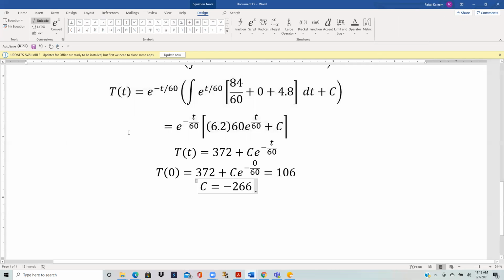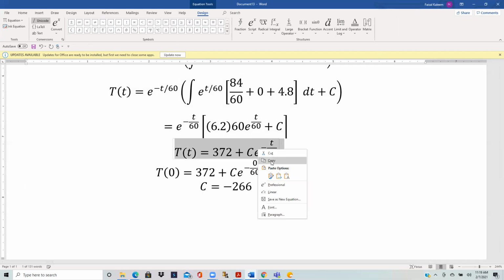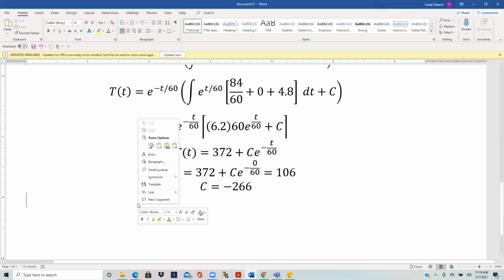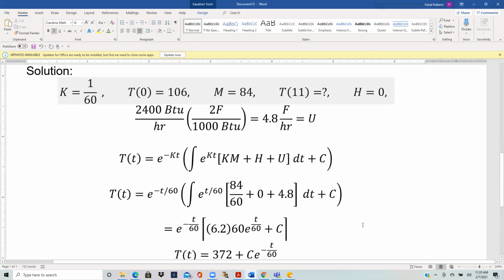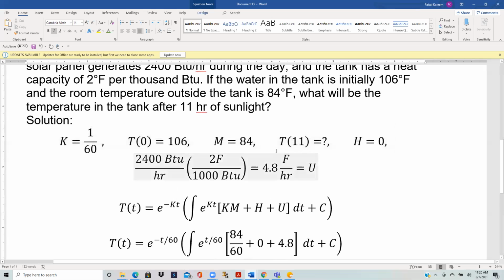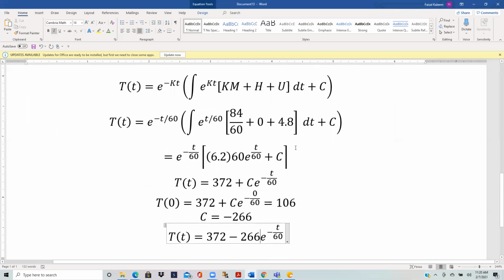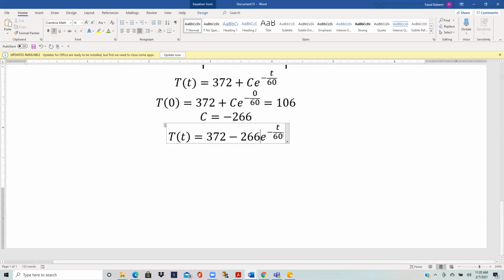And now we substitute the C in the equation. Negative 266. And we want the temperature at 11 hours. So T of 11 is to be found out.